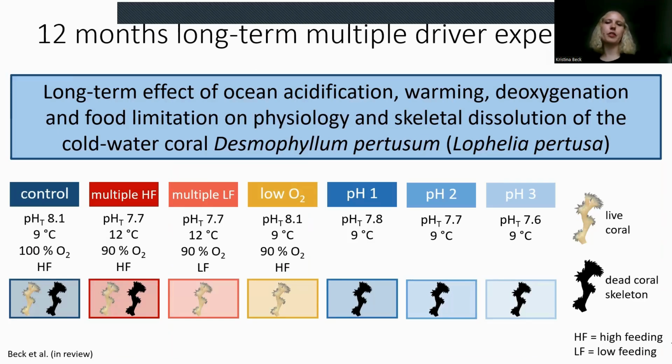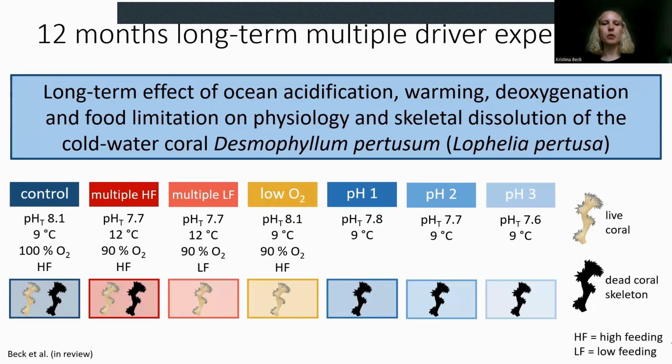We had 7 different treatments, so we weren't able to look into the combination of all of these factors because it was a bit too complicated to do that. But we had a control treatment and then 2 multiple driver treatments, one with high food availability, one with low food availability, and a combination of reduced pH, elevated temperature, and reduced oxygen concentration. Then we had 1 treatment with only reduced oxygen concentration.